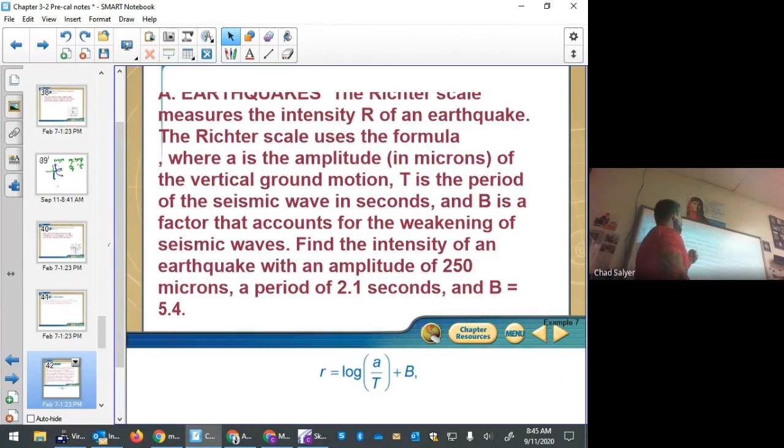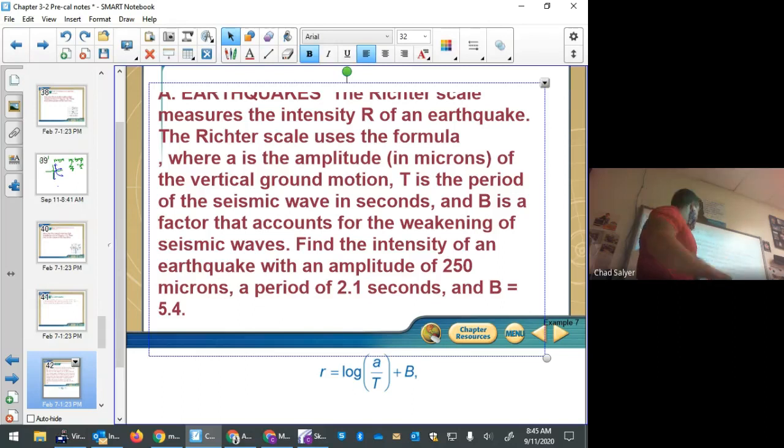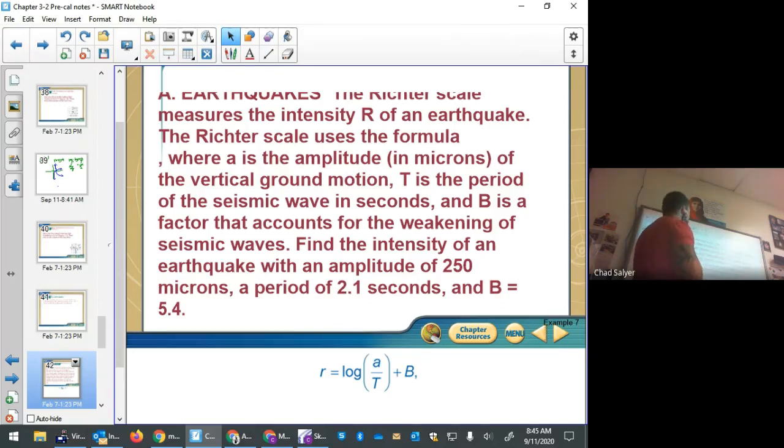The Richter scale measures the intensity, which is the R of an earthquake, and it uses a formula where A is the amplitude in microns of the vertical ground motion, that's how far up and down the ground moves. T is the period of the seismic wave, so how long the wave takes to repeat itself as it radiates out from the epicenter. And B is the factor that accounts for the weakening of the seismic waves. So if you're so far away, how much weaker is it compared to the action going on at the epicenter?